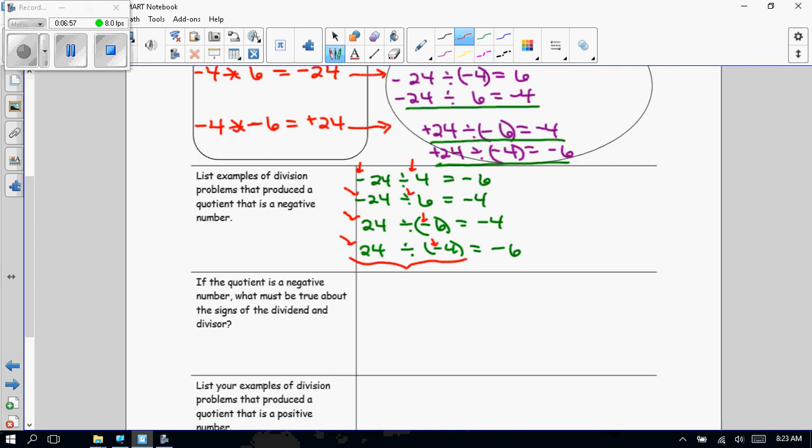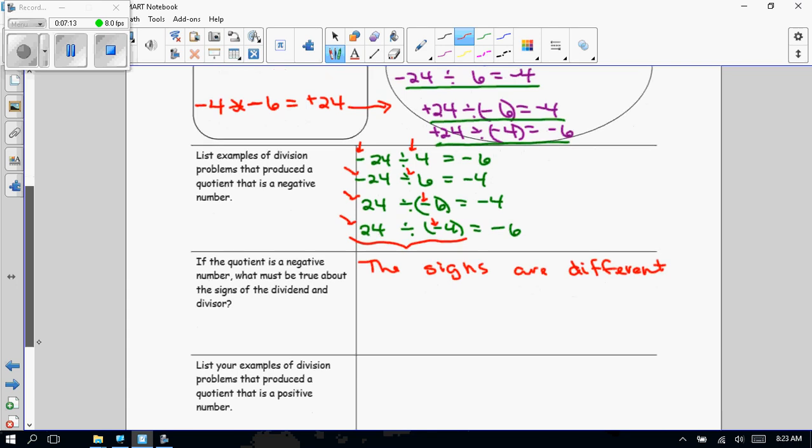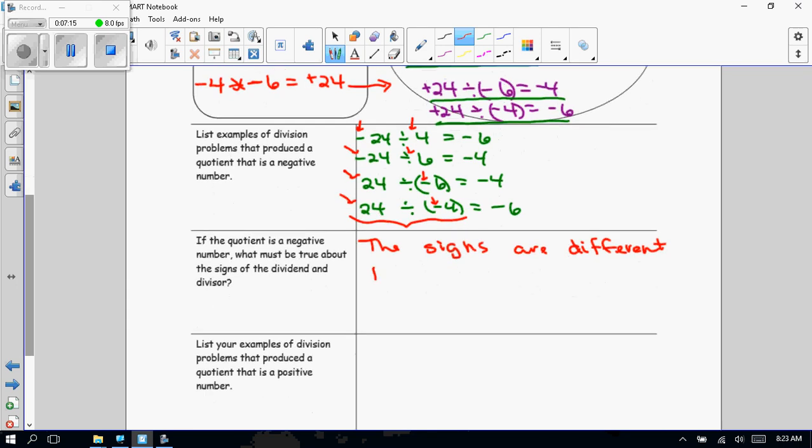The signs were always different, right? One's positive, one's negative, or one's negative and one's positive, however you want to say it, but the signs are different, aren't they? Okay, that's kind of important. Signs are different to get a negative quotient.